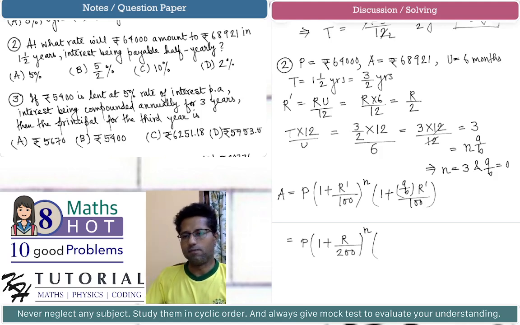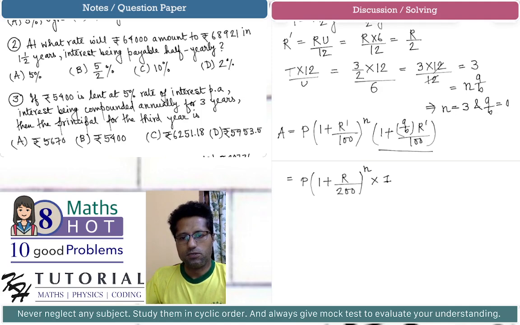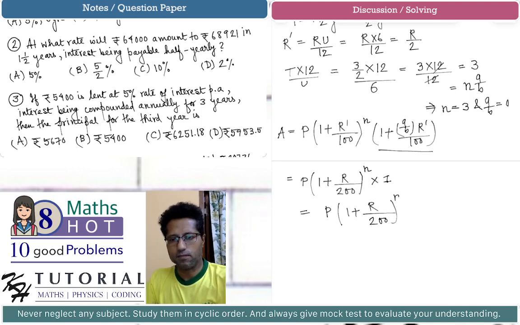Since we found the fraction a by b to be 0, the third factor on the right hand side will become equal to 1. So this is now equal to P multiplied by 1 plus r by 200 to the power 3, because n is 3.